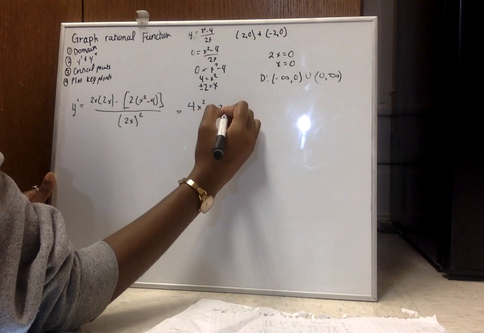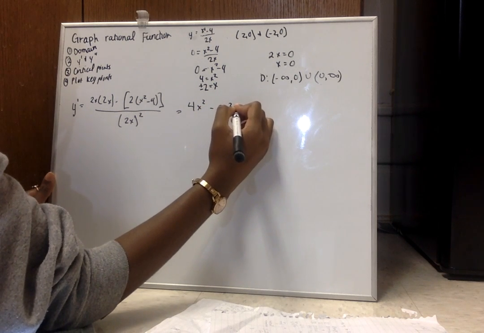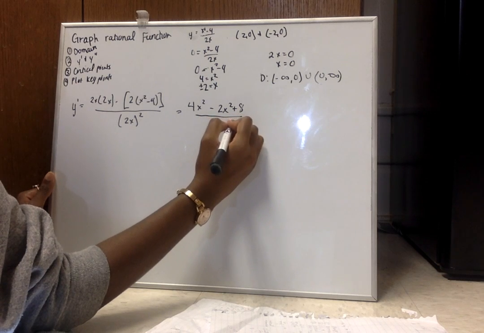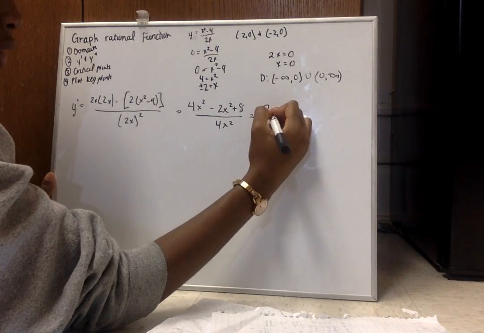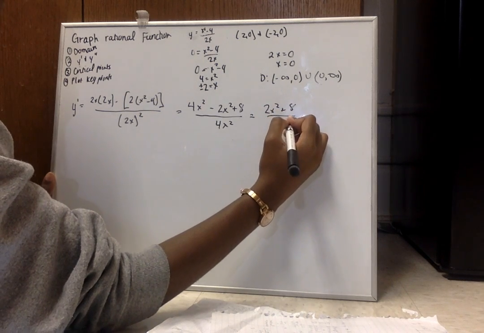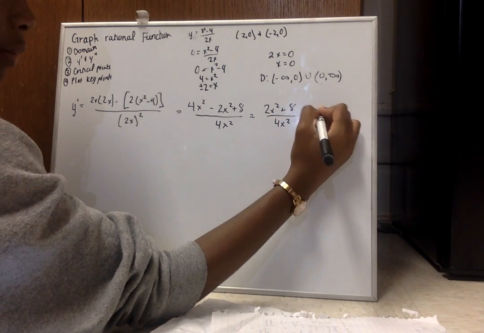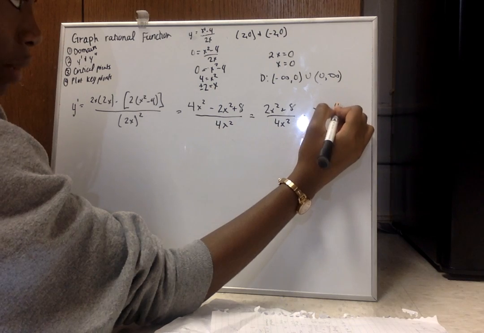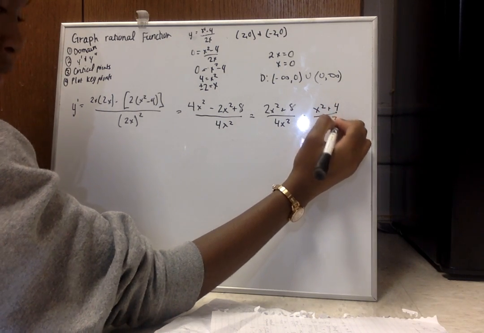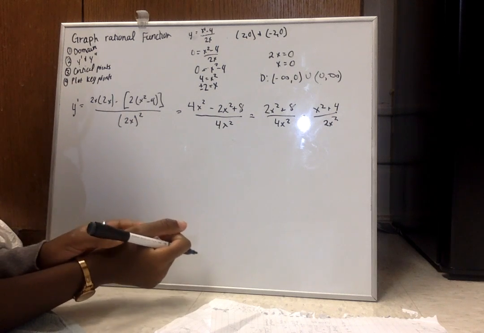So then that becomes (4x squared minus 2x squared plus 8) over 4x squared, which equals (2x squared plus 8) over 4x squared. Further simplified becomes (x squared plus 4) over 2x squared. So this is going to be our derivative.